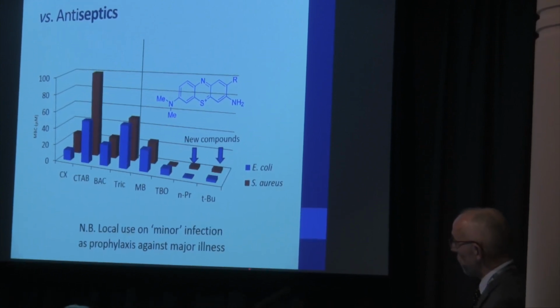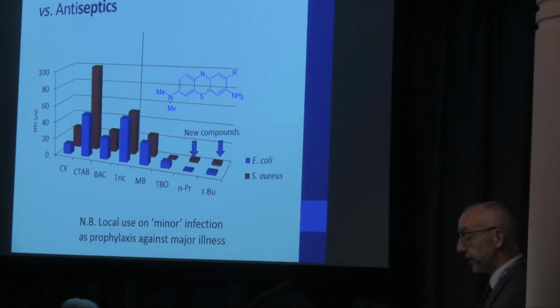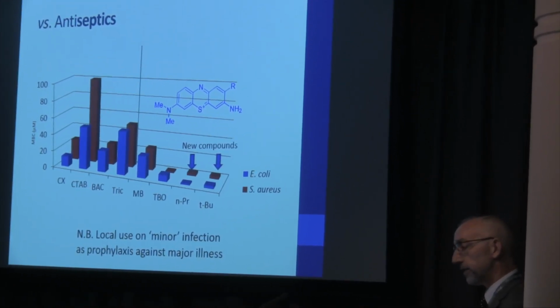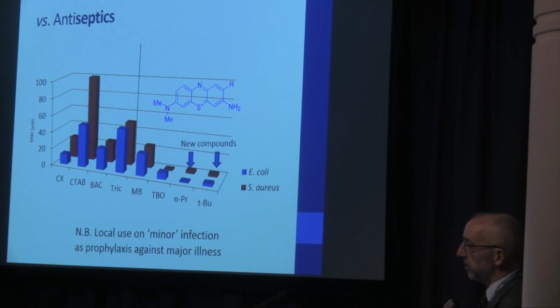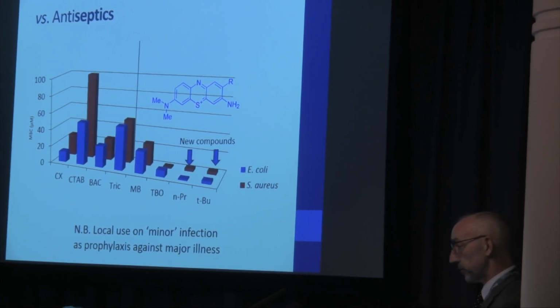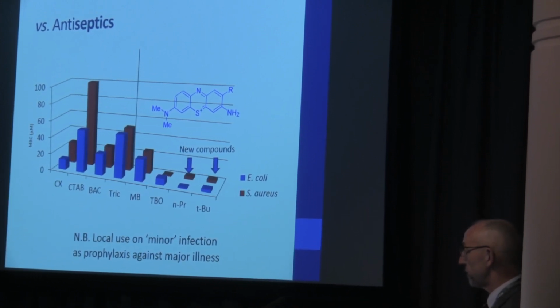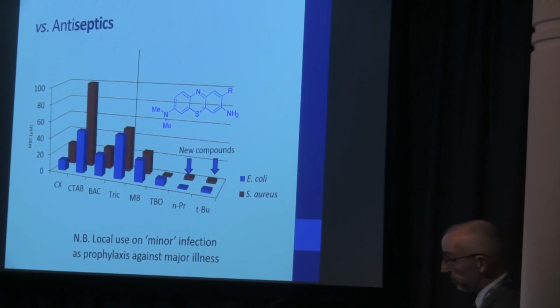Probably the best idea is to try and treat minor infections, which would quite often go on to be serious illnesses. So things like tonsillitis, for example, which quite often, unfortunately, can progress, if you've got resistance, to things like meningitis and septicemia.